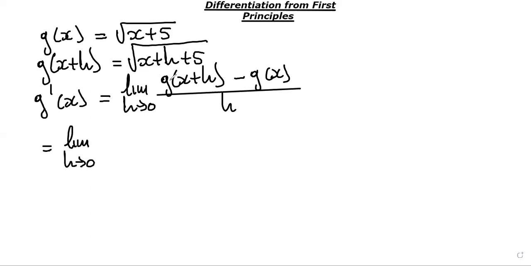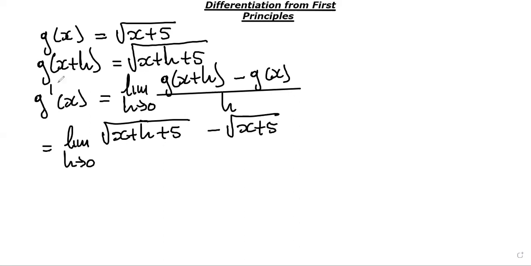So g of x plus h is just going to be square root x plus h plus 5. And then we say minus square root x plus 5. And this whole thing, of course, is divided by h.